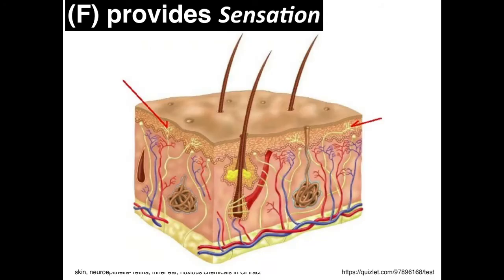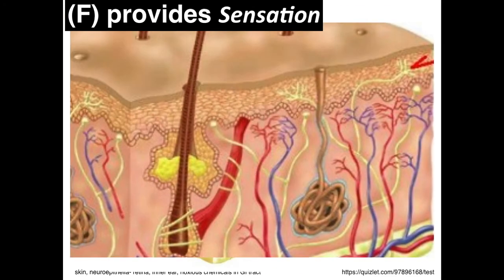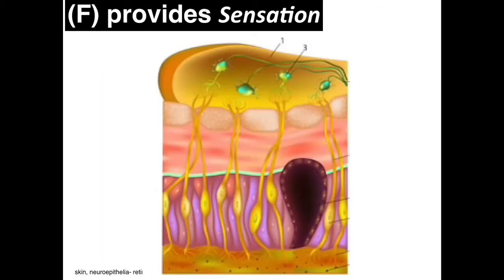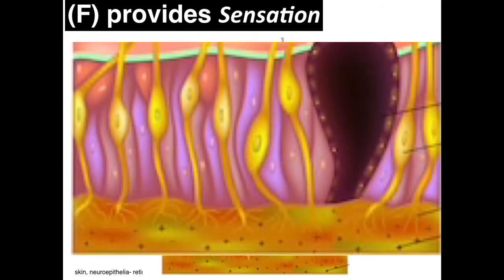So the last function of epithelia is again related to the interface with the environment, and that is to provide sensation. In your skin, for example, the epithelial lining is the location of free nerve endings that can detect things like noxious stimuli or temperature or other information about possible dangers in the immediate environment. Internally, an example is in your nasal cavity, which is full of air that you breathe, and along with that, all the odorants in the air.